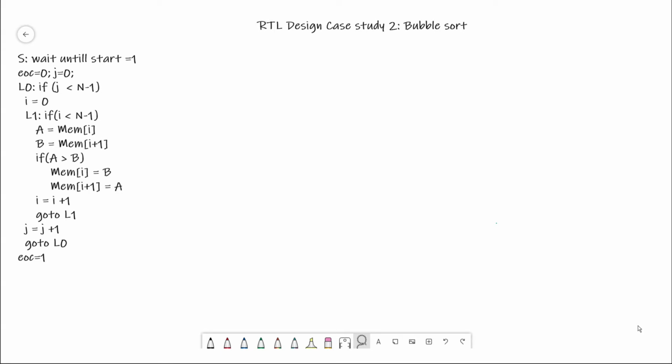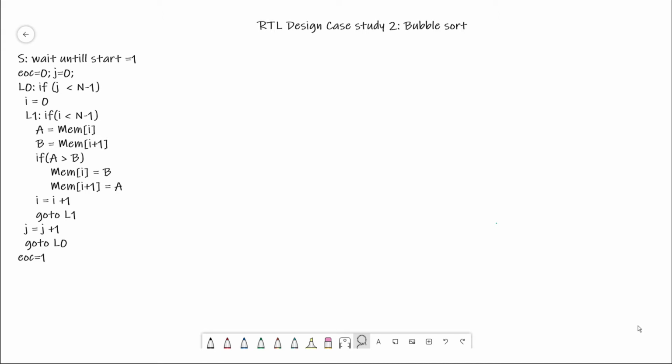That means it will start from i equal to 0, and it will keep on comparing the adjacent elements i and i plus 1. If A is more than B, then we will swap here. Because it's hardware, we have divided these operations into smaller operations. That means this is a read operation, and B, i plus 1, is another read operation.